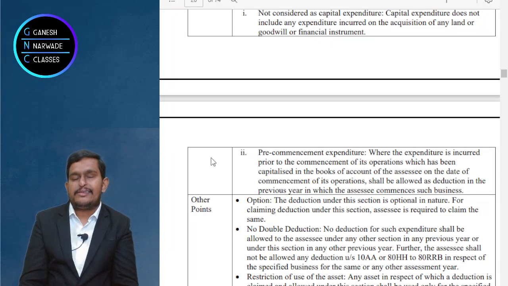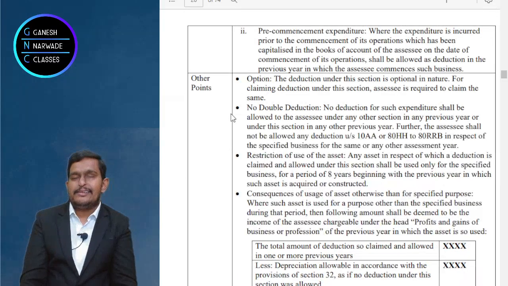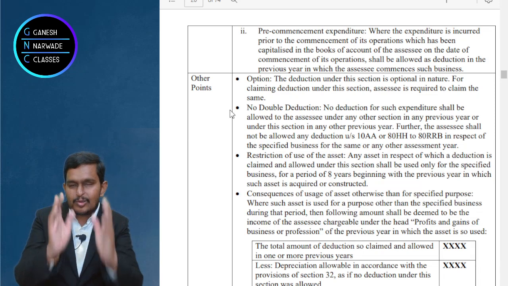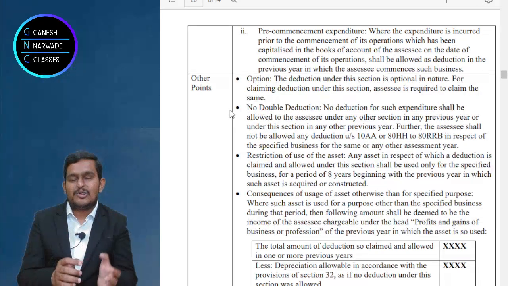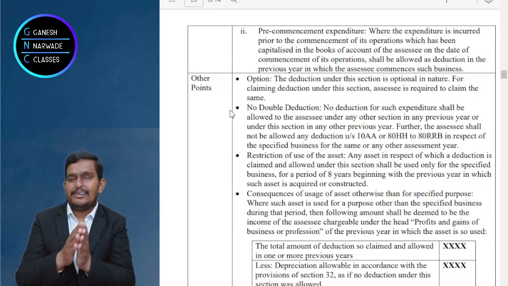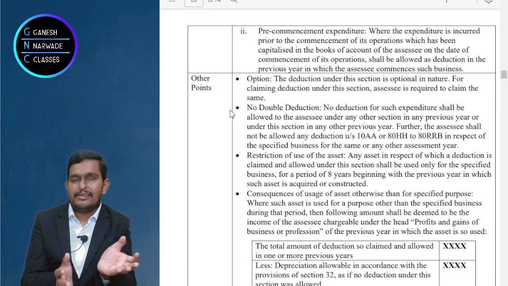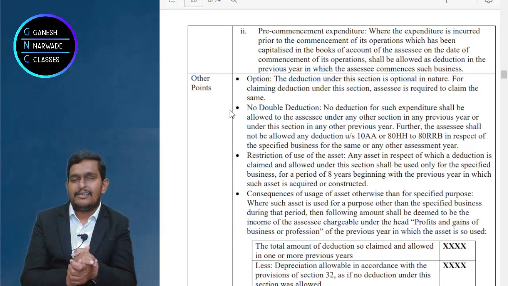Now some other points are there which you have to remember. Many students ask me a question: sir, is 35 AD compulsory? Do we have to claim deduction under this section if it is a specified business, or can we go for the regular provisions of income tax? The answer is your choice. If you want to claim deduction under 35 AD, claim it here. No sir, we want to claim regular depreciation, we don't want 35 AD, right?